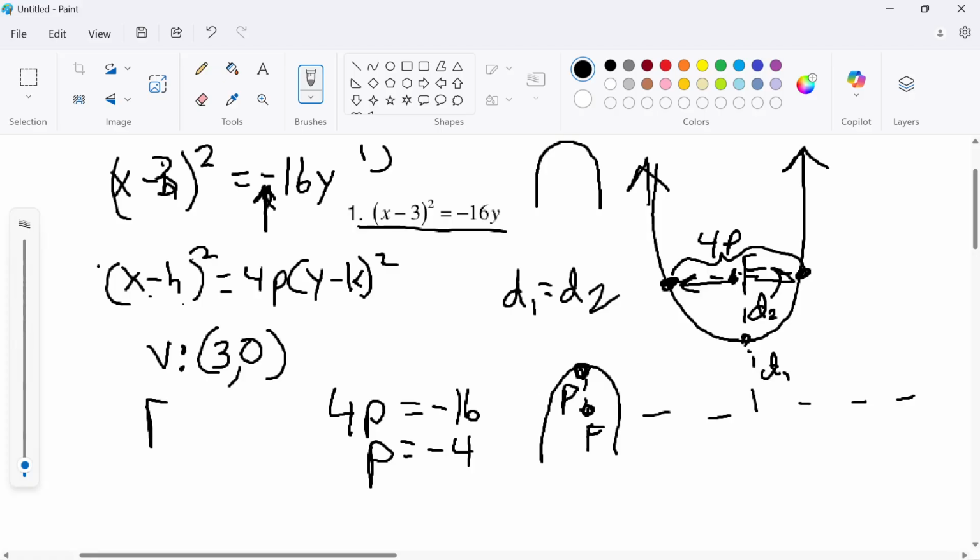The focus, notice this is a point h, k. The focus is going to be the same x value, but I'm going to add p to k. So this is going to be 3, same x value, and then 0 minus 4, which is negative 4. That's the focus of this parabola.